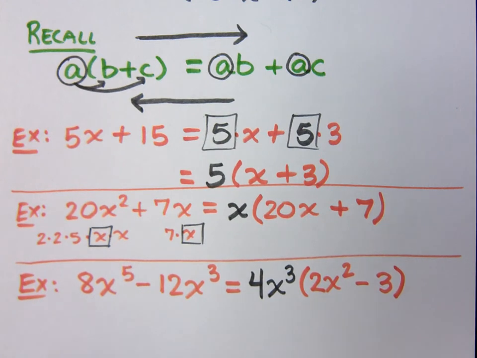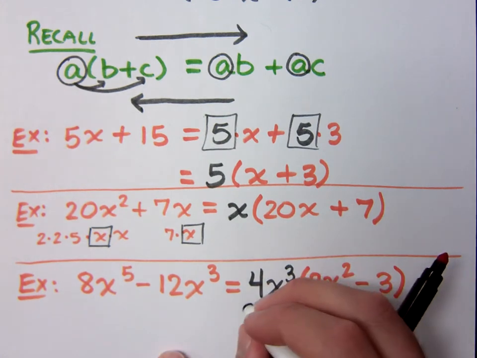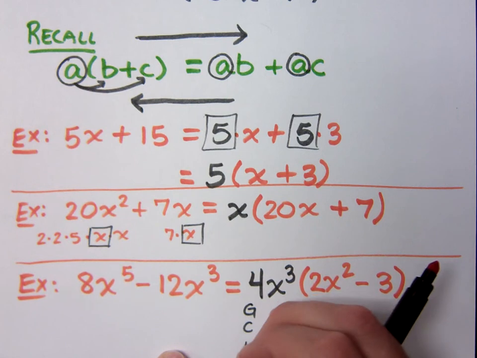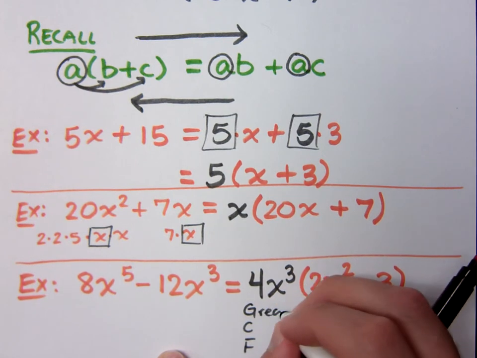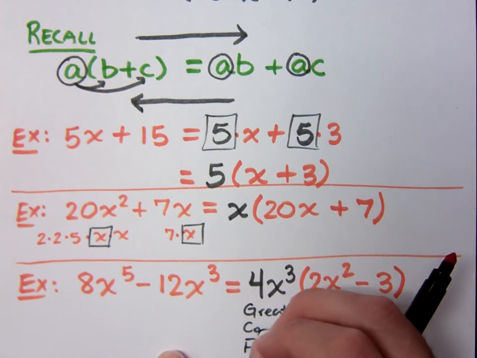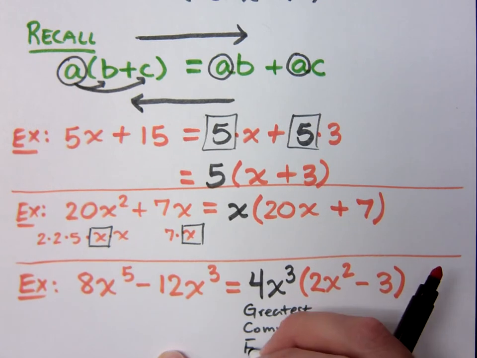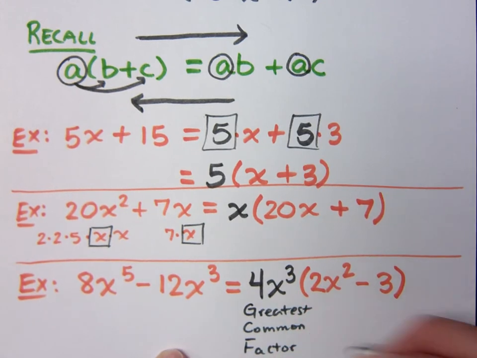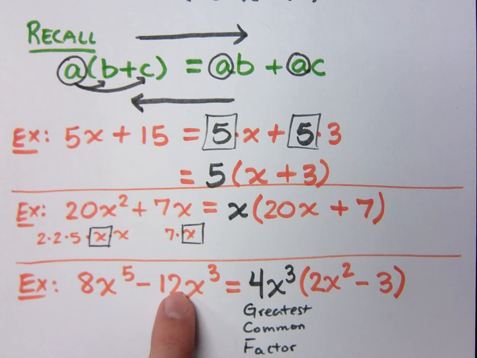So this 4x to the third is what we call the GCF. The GCF stands for the greatest common factor. This is the largest term that divides evenly into these guys. I was going to ask if you go for the largest number versus just... You always want to look for the largest number that goes into everybody evenly.